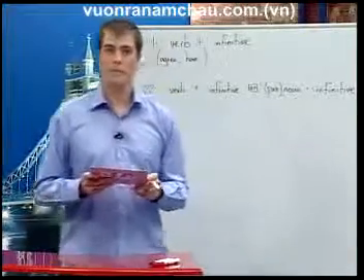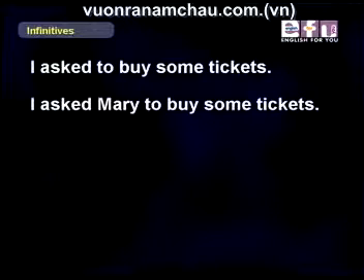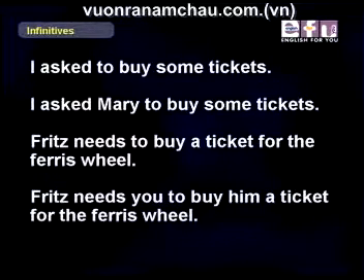For example, I asked to buy some tickets. I asked Mary to buy some tickets. Fritz needs to buy a ticket for the Ferris wheel. Fritz needs you to buy him a ticket for the Ferris wheel.